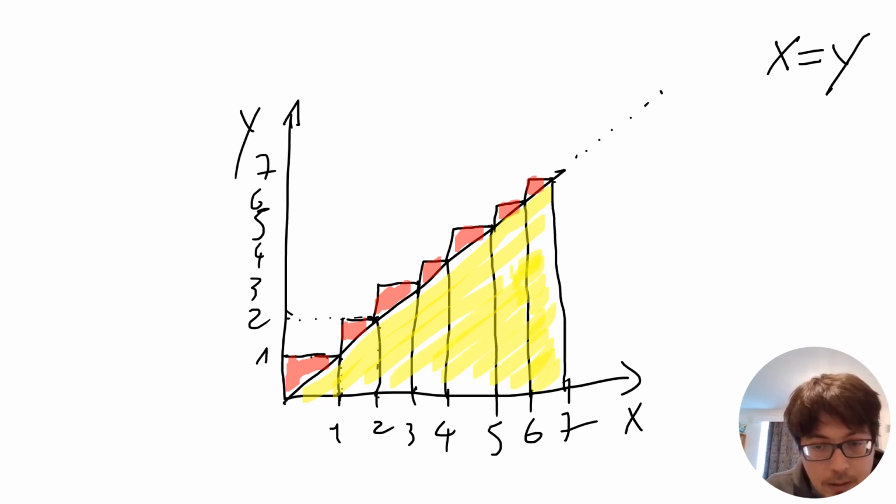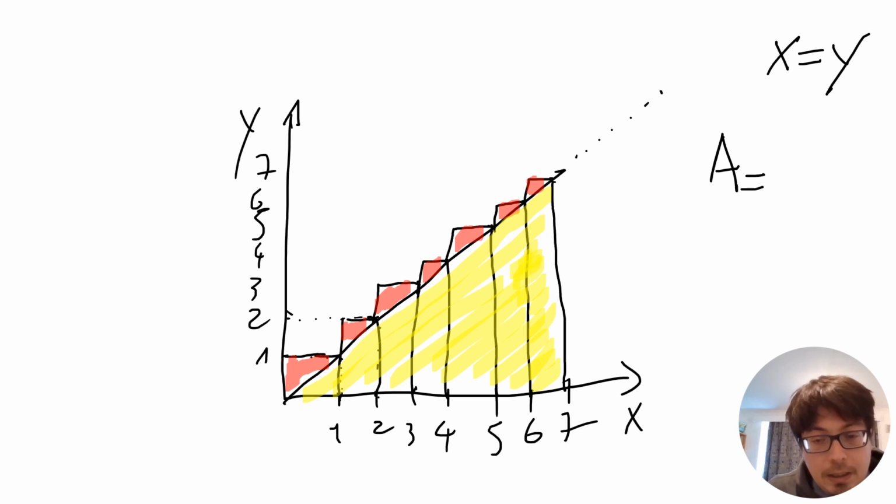We know that already, but by just looking at this graph and remembering some basic geometry, we know that the area of a triangle is base times height divided by 2.